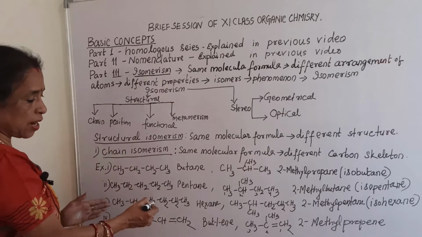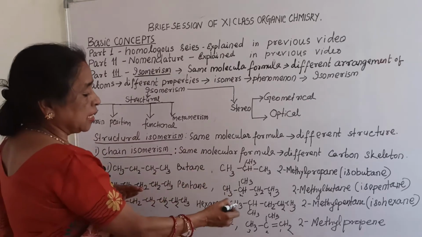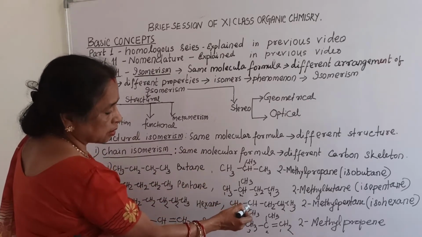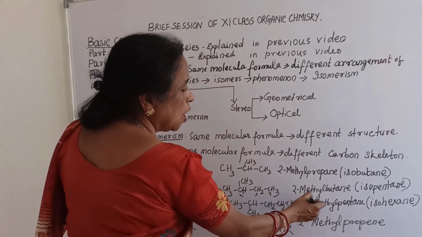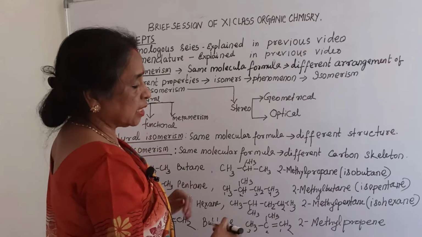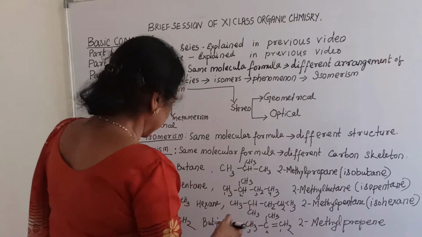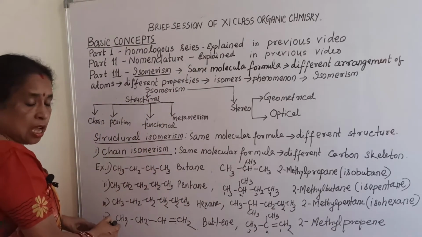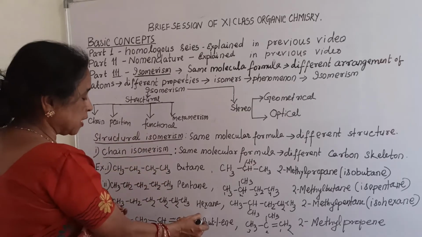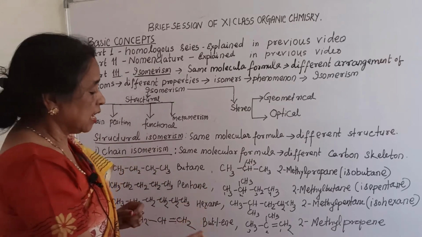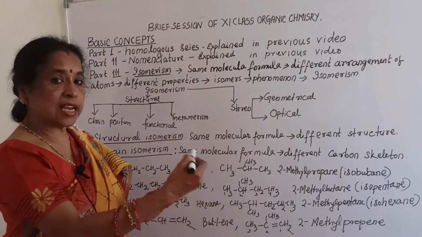In hexane, what happened? What is its chain isomer? Here you can put in second position a CH3 group, so it is 2-methyl pentane, and that is called isohexane. Now here containing 4 carbon atoms, and after one there is a double bond, that is why it is called but-1-ene. That means what is its chain isomer?